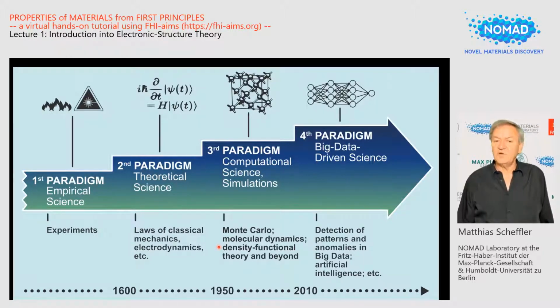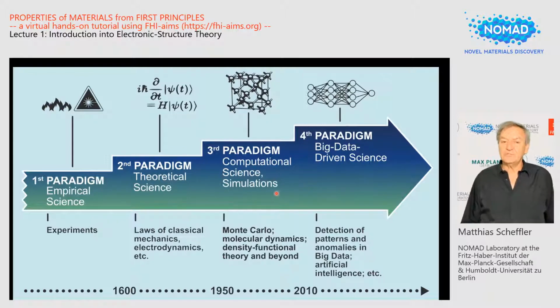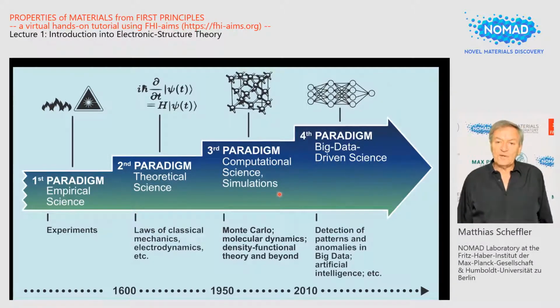All these developments enabled computer-based studies and analysis of thermodynamics and statistical mechanics on the one hand, and of quantum mechanical properties of solids and liquids on the other hand. They define the beginning of computational material science, what is nowadays considered the third paradigm.